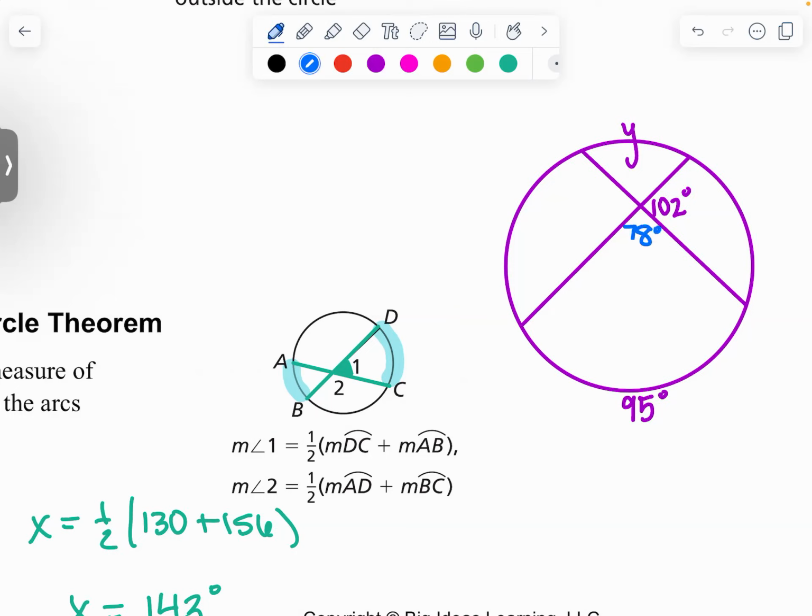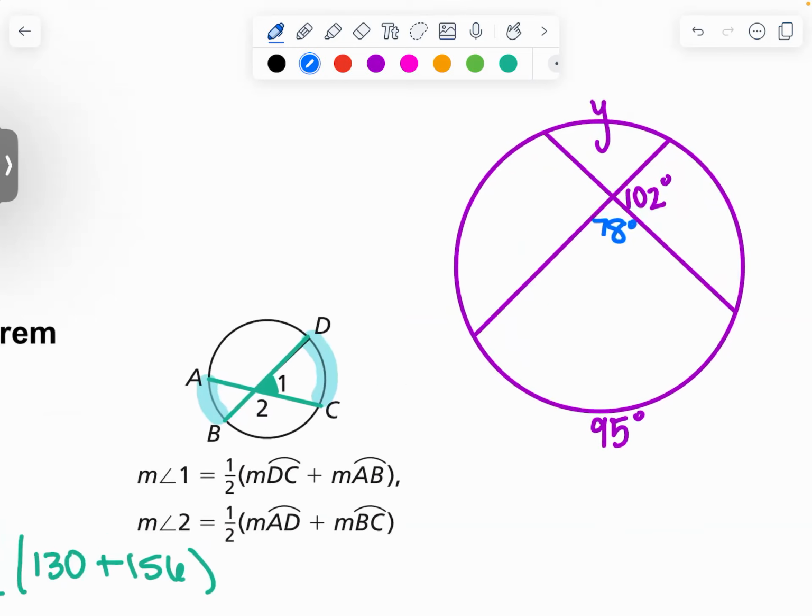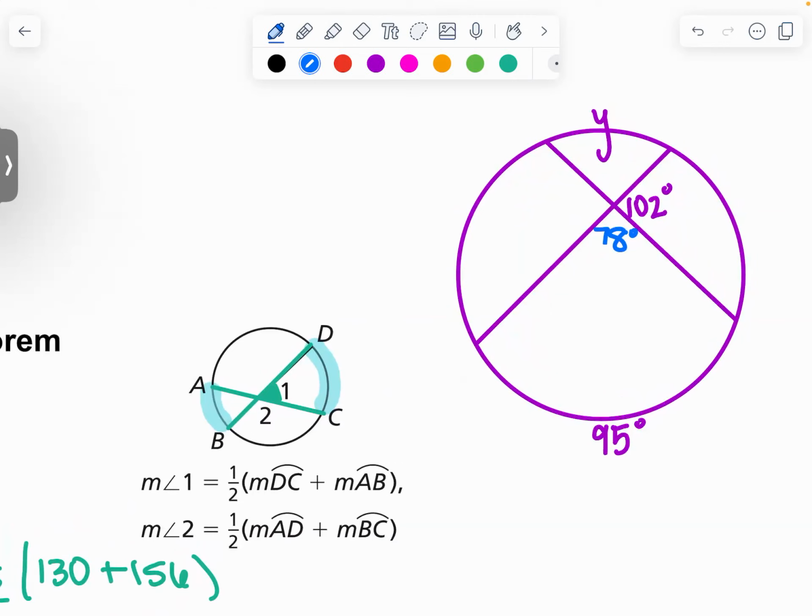Hey, 78 is going to be more helpful. So am I going to add 78 and 95 and divide by 2? No. 78 is the measure we get when we take y plus 95 and divide it by 2 or multiply by 1/2. Potato, potato. Okay, so 78 equals 1/2 times the sum of y plus 95.